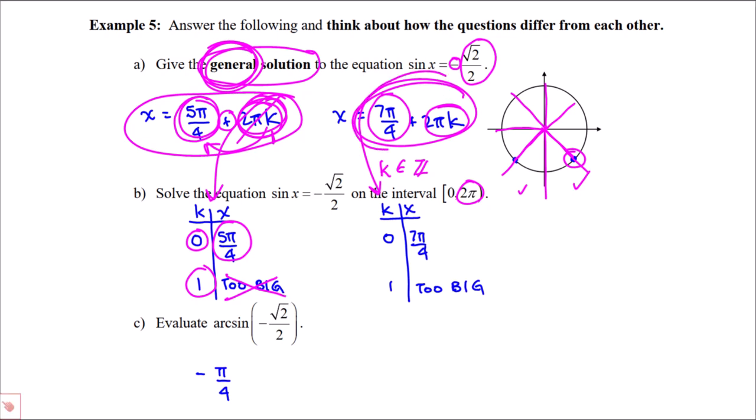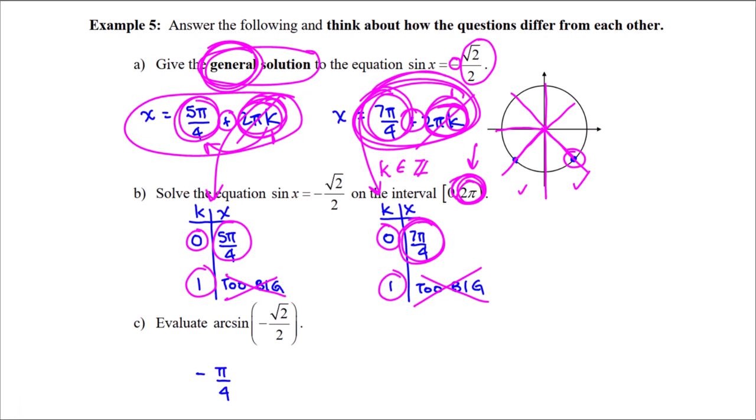The same thing here. If I plug in 0 for k, I'm left with 7 pi over 4. 8 pi over 4 is 2 pi, so this is okay. And then if I plug in 1 for k here, this becomes 2 pi plus something, and it's too big because I can only go to 2 pi. I can't add anything.